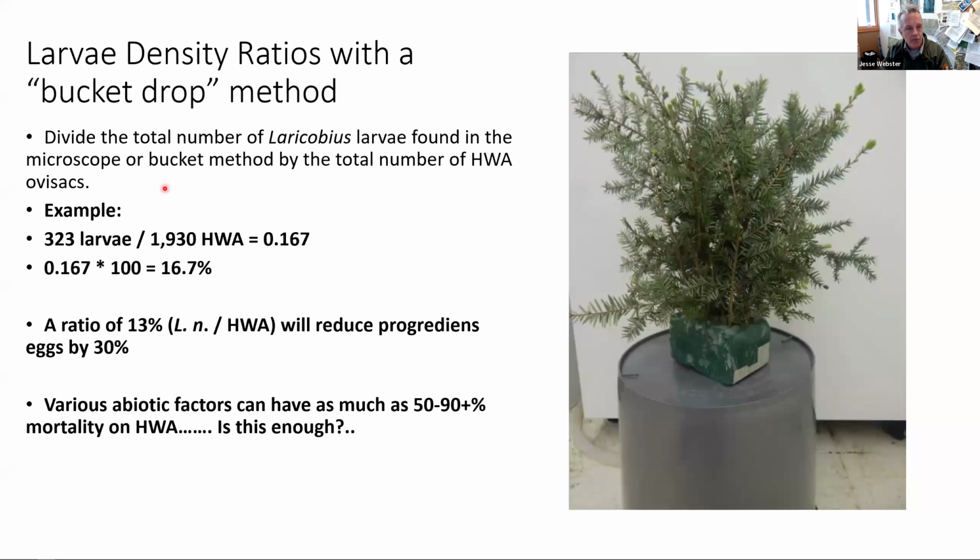And then, not to bore you with what's going on here, but we're looking at the ratio of the number of larvae per HWA ovisacs, and we know a certain ratio is going to reduce our progrediens and the eggs.